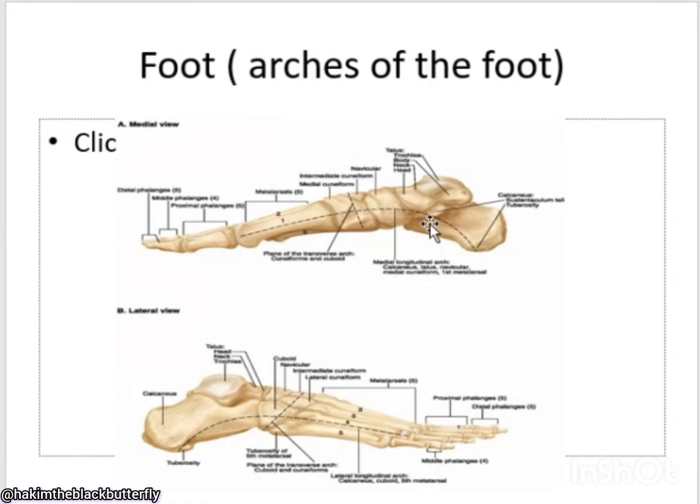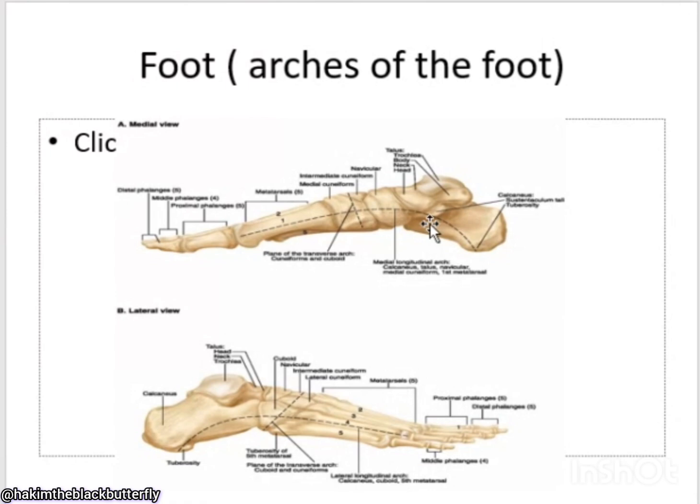Then we have the tendons which insert on the foot. When these muscles contract, the tendons pull upwardly, and when the tendons pull upwardly, they raise the arches so that the arches remain suspended.